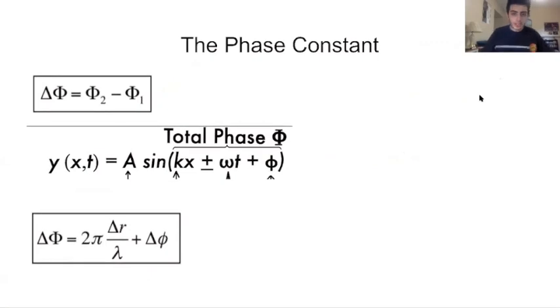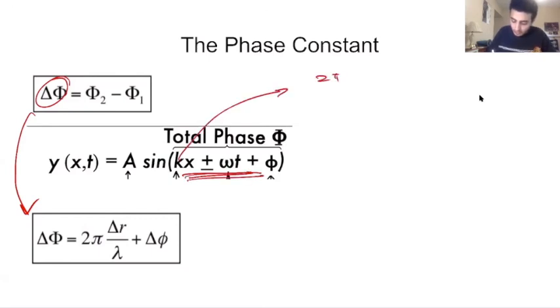So how do we get to this total phase? When I was first learning this, I was confused how we got from here to here. But the thing to keep in mind is that this is the equation for a wave. So k equals 2 pi over lambda, right?